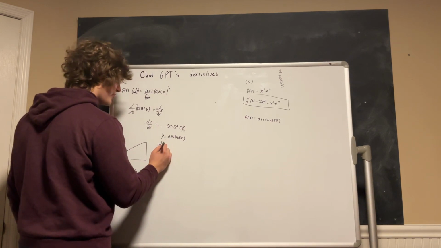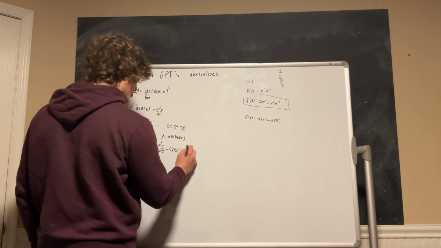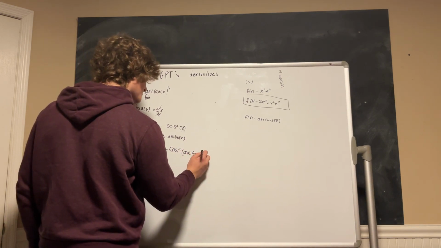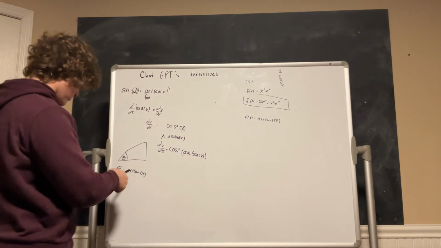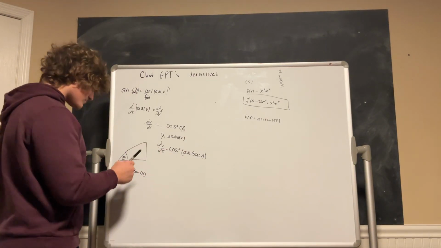Now we have dy by dx is equal to the cosine squared of arctan of x.